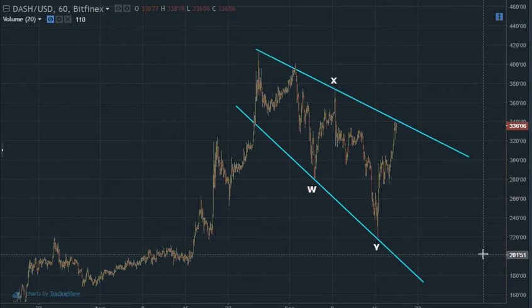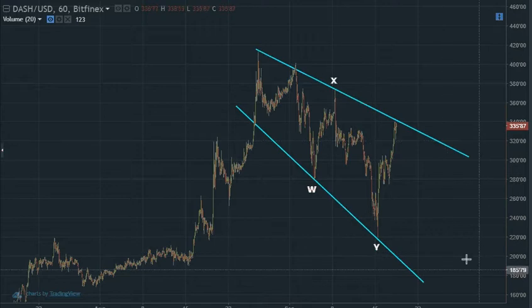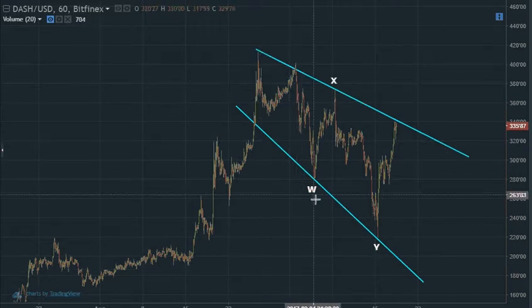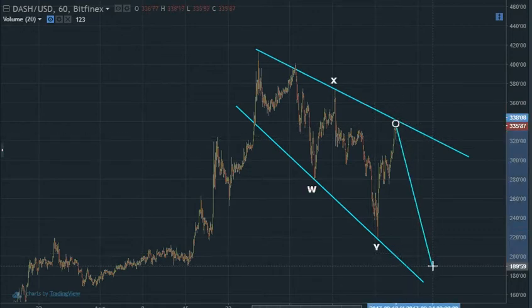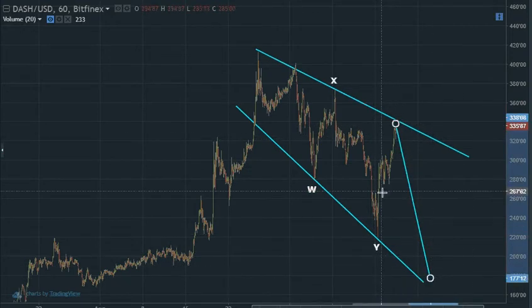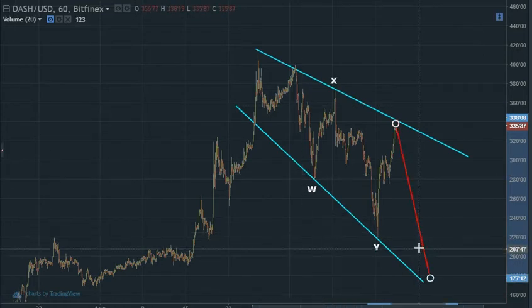This is where a little bit of concern comes into play. If this is an expanding diagonal, I can do A, B, C, D, and then the next one will be E, like so. That is an alternate count to keep in mind.